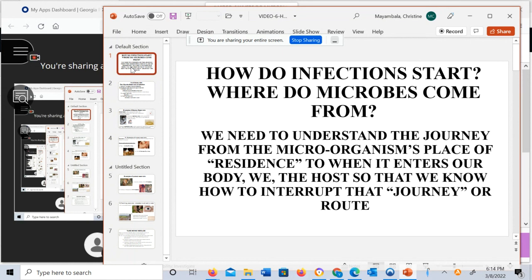Because we do need to understand the journey of where those organisms come from, their natural residence, and how they get from there to our bodies, where we, the hosts, end up suffering the consequences of them infecting our body. We need to understand that journey so that we can interrupt it and prevent them from causing the disease that they do cause in us.